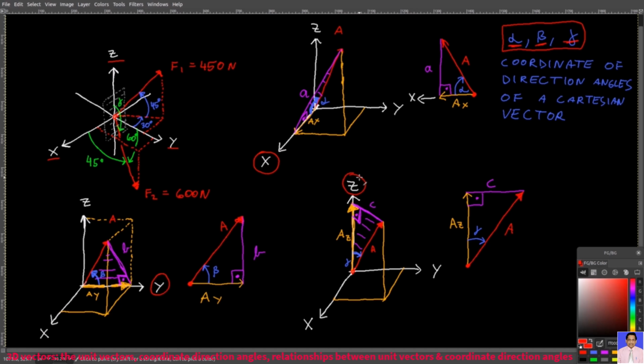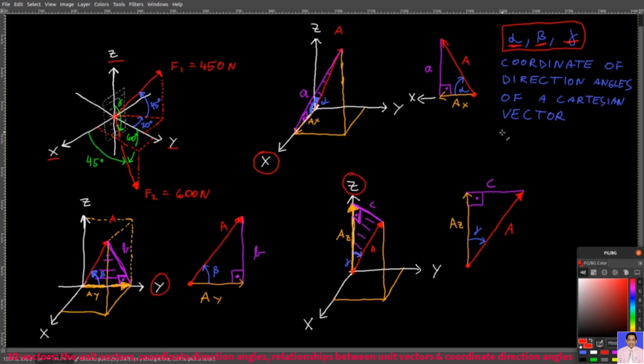That's just a convention. You never define them from the negative axis. For example, in this case, this is your y-axis, and you should not do something like this, where you define this beta angle from the negative y-axis. If you do that, then that would be wrong.